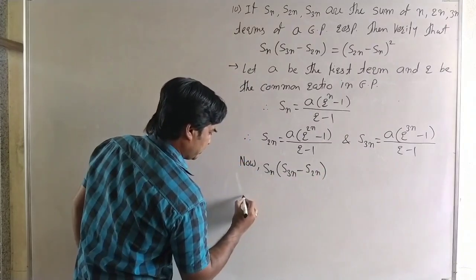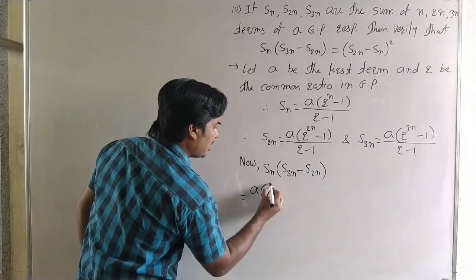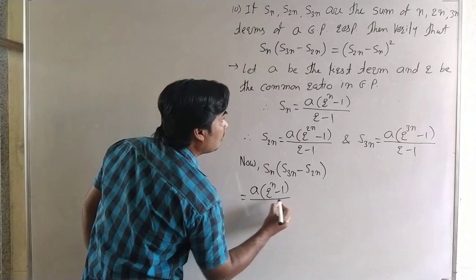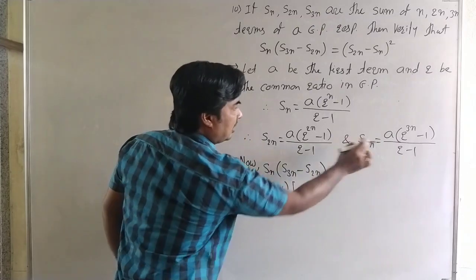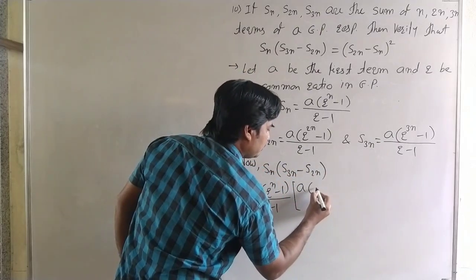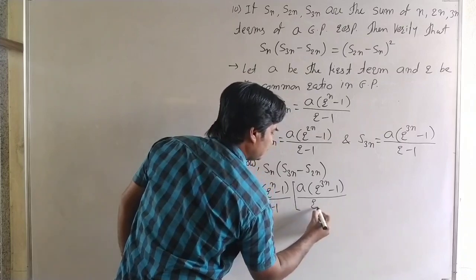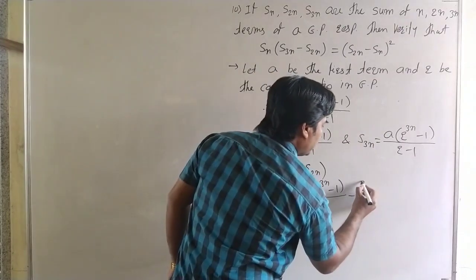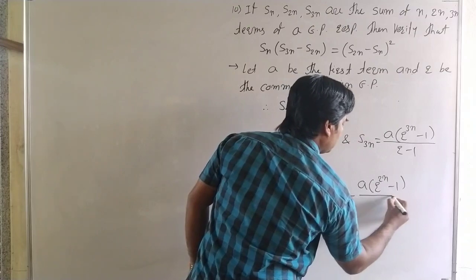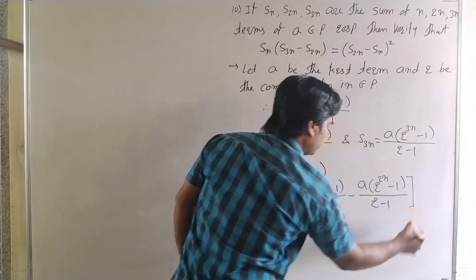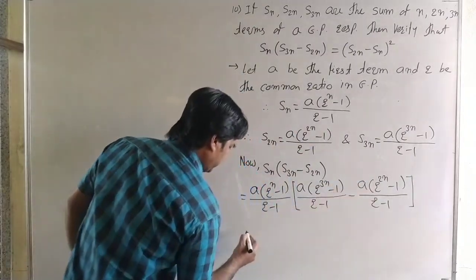See carefully, this Sn is A into R to the power n minus 1 upon R minus 1, into this bracket, S3n, A into R to the power 3n minus 1 upon R minus 1, minus A into R to the power 2n minus 1 upon R minus 1. Here it is Sn, S3n and S2n.